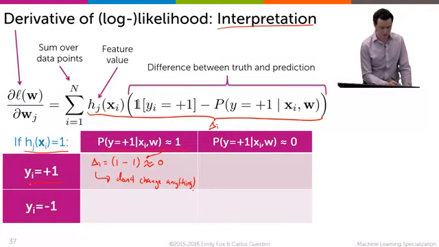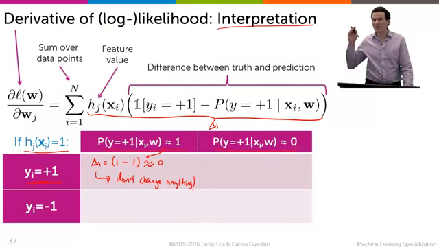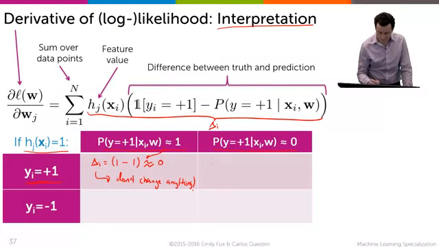So this is the second case where it's a positive training example, but the probability that y equals plus 1 is approximately 0. We're getting this training example totally wrong. In this case, delta I is the difference between the indicator, which has value 1, and the predicted probability, which has value 0, and so it's approximately 1.